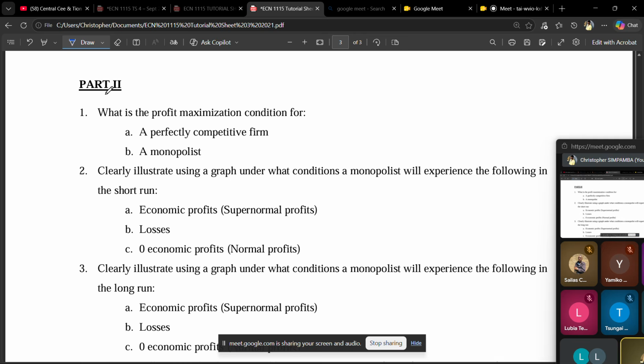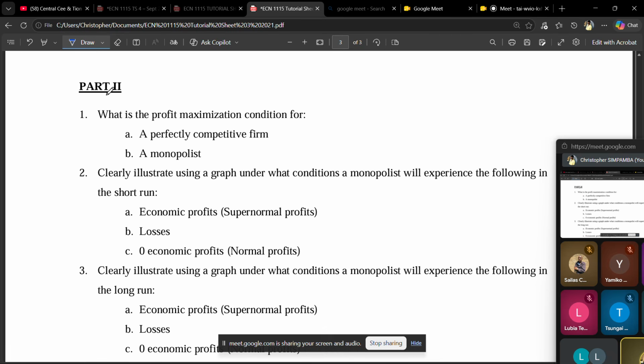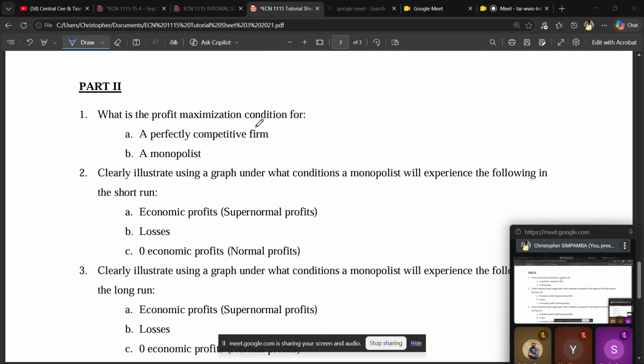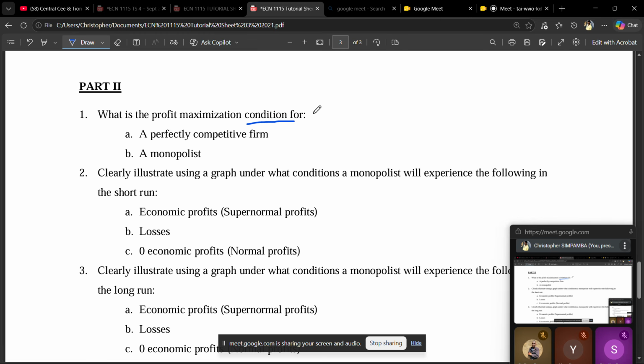Okay, I think this is part 2. Question 1 was asking what is the maximization condition. So the question has come back again, the same thing to do with the condition. What is the maximization condition for a perfect competition when it comes to setting the output or the price?